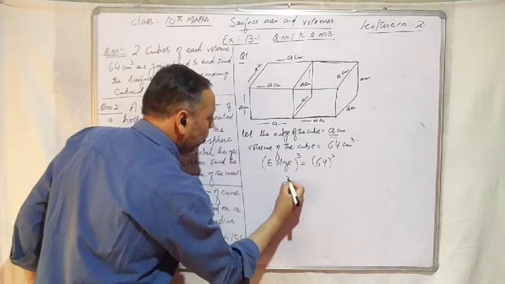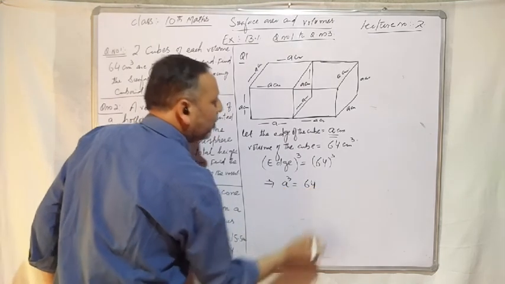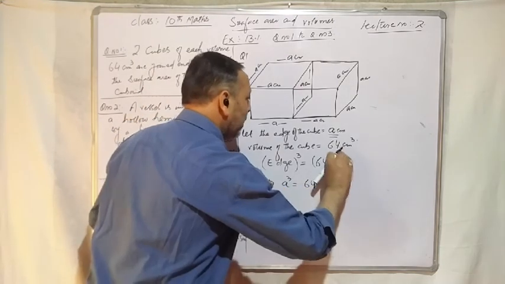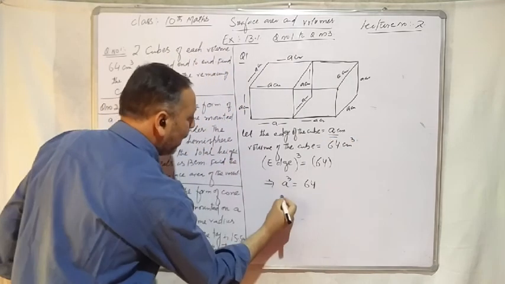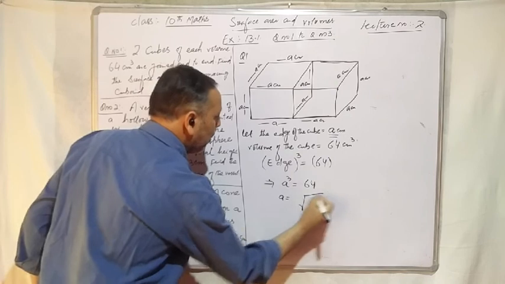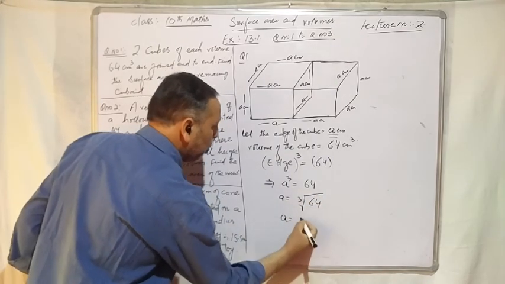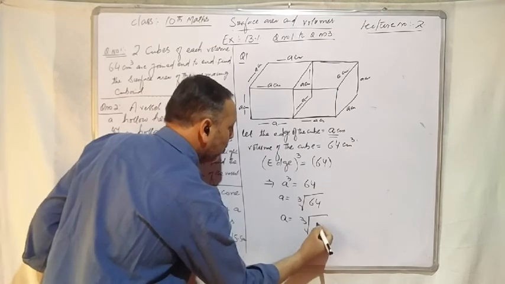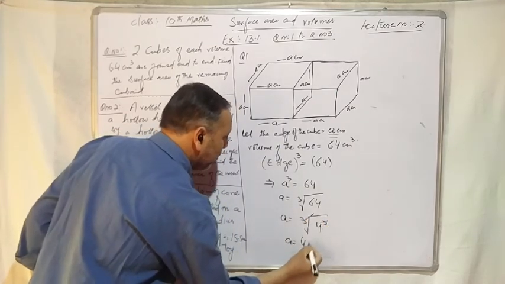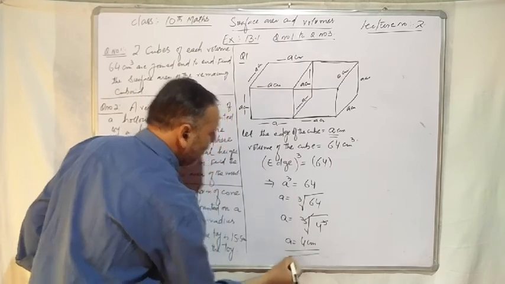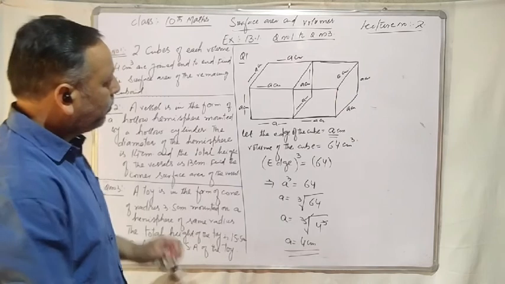That means a cubed is equal to 64 cubic centimeters. So a will be the cube root of 64. The cube root of 64 is 4, since cube and cube root cancel. So a is equal to 4 centimeters. That means the edge of this cube is 4 centimeters.